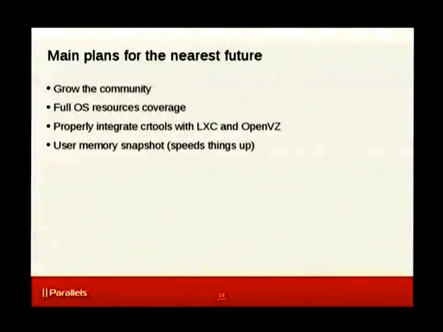Another big development feature we're going to make is implementing kernel support for user memory snapshot. It's an ability to tell the kernel, notice the process and tell me which pages it will change since this moment. This is a very useful feature that can speed various things up.